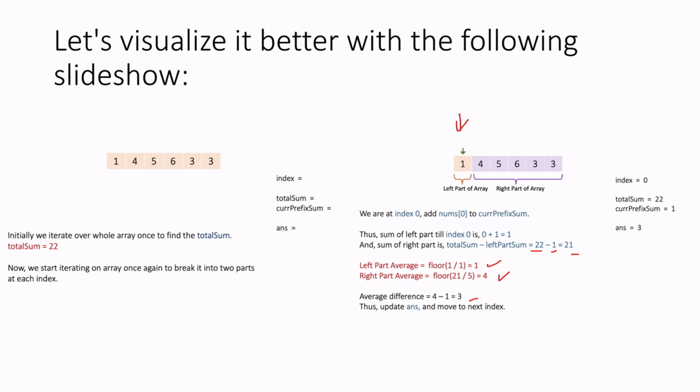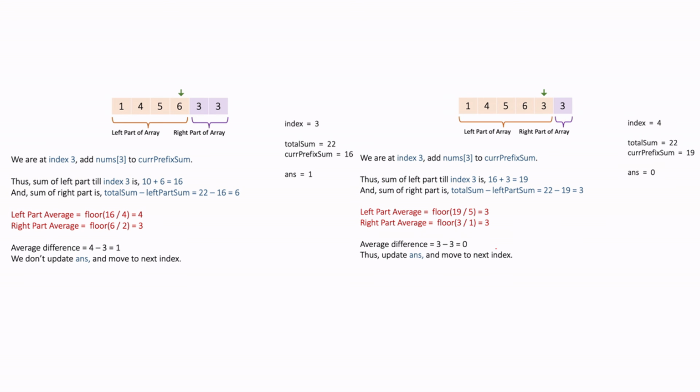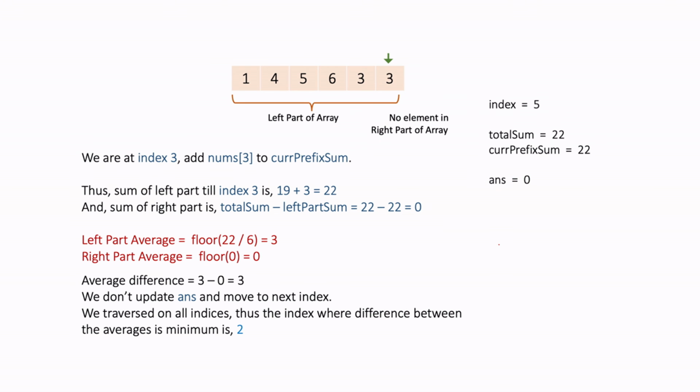In a similar pattern we will move on, calculate the sums, take the difference, and calculate the average difference. We will store it at each value, so the current answer will be 1, like that. Now the answer is 3 minus 3, 0. In similar fashion we reach the last index: 22 minus 22, so the right sum is 0, the left part is 3 and the right part is 0.